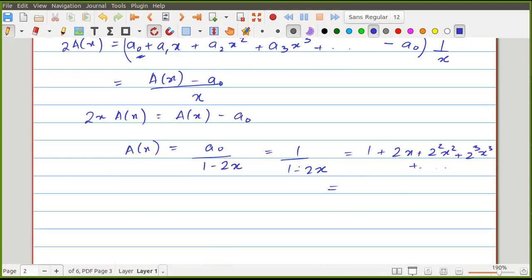And then you can write this as 1 minus 2x raised to minus 1 and then use the binomial. So this can be written as 2 raised to n, x raised to n, with n starting from 0.